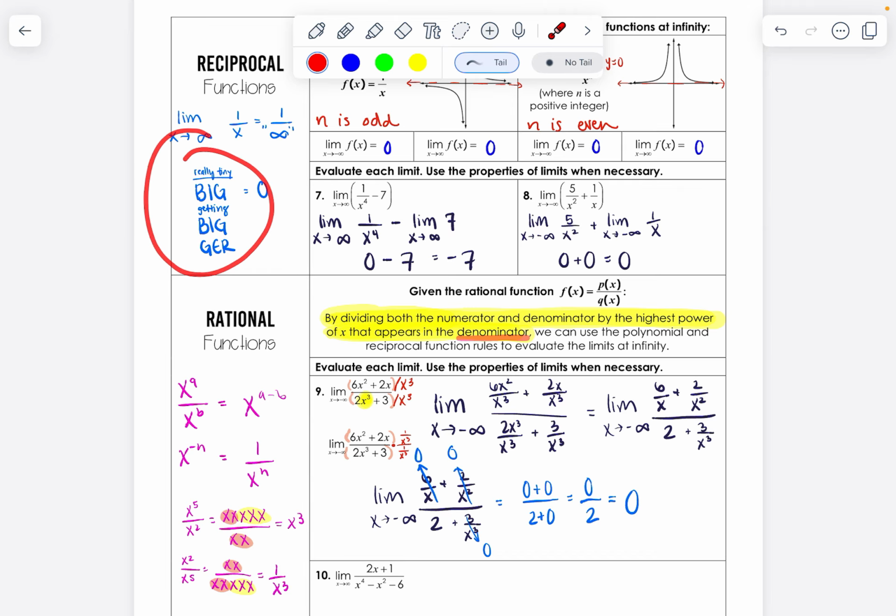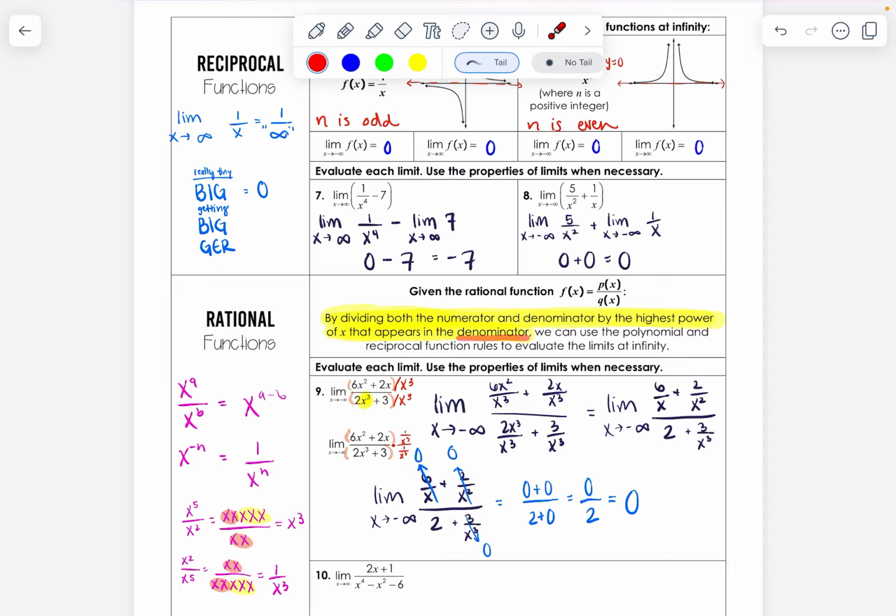We've got 6 being divided by infinity, and that is going to go to 0. 2 being divided by infinity squared, not that you can actually do that, but thinking conceptually, is going to go to 0. 3 divided by infinity cubed, or the thought of infinity cubed, is going to go to 0. So we're left with 0 plus 0 over 2 plus 0, which is 0 over 2, which is 0. So the limit as we approach negative infinity, right? Notice from up here, it doesn't matter if it's negative or positive infinity, it's going to 0.